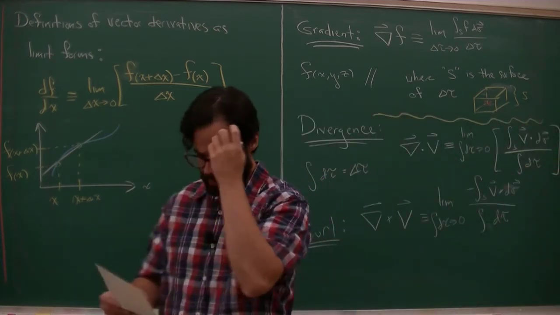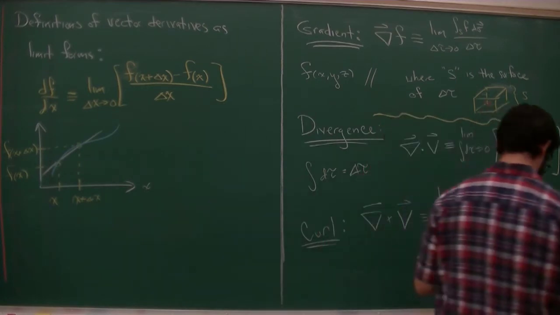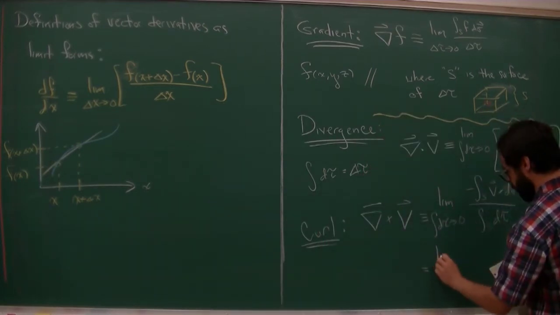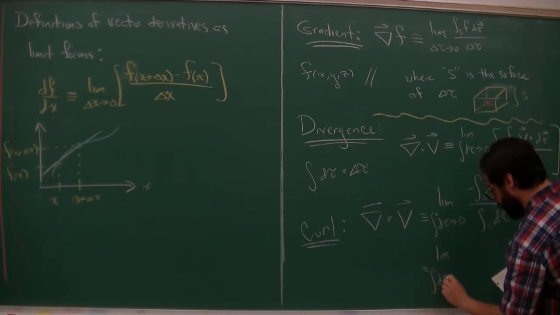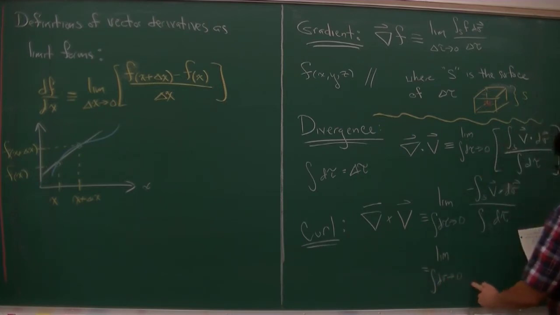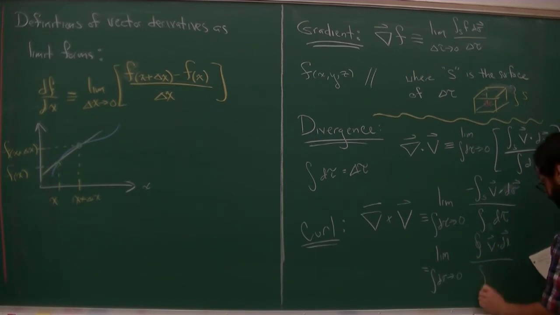So there's a second way of writing this that we'll actually also use. And if you know Stokes' theorem, you can see Stokes' theorem in this immediately. So we can also define the curl as a circulation with a line integral. And you're like, what's going on with that? It's not a vector.